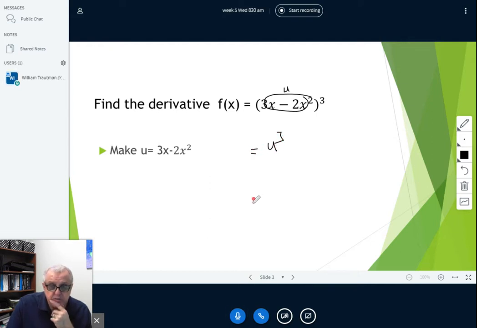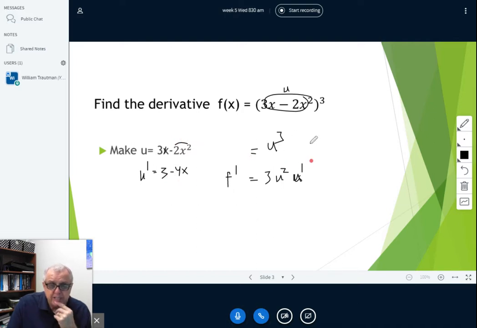Now, taking the derivative of this, I don't get 3u to the third, I get 3u squared, and then I have to take the derivative of u. If this is u, the derivative of u is 3 minus 4x. The 2 comes down and you subtract 1.